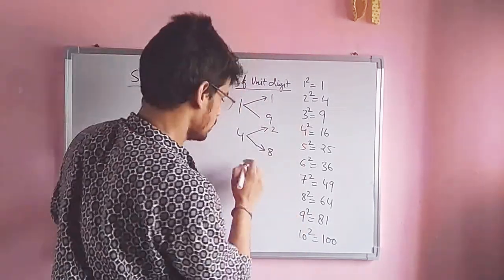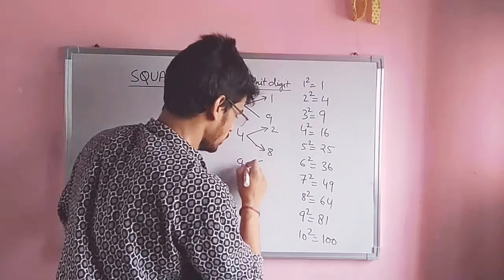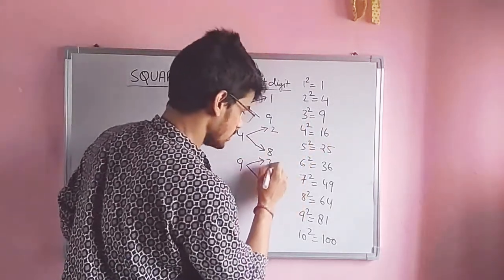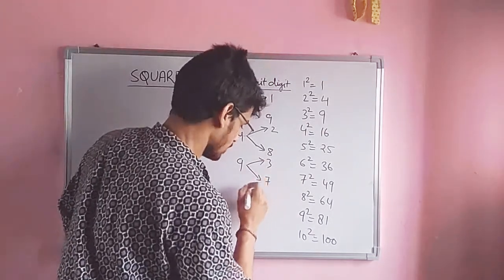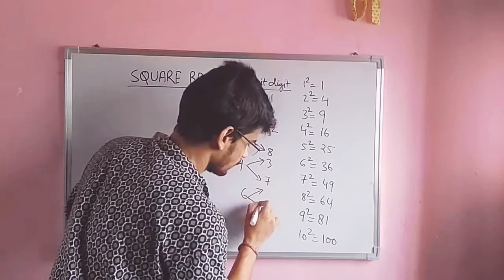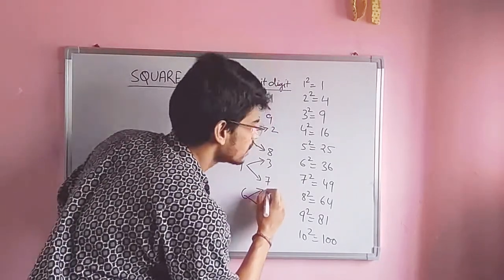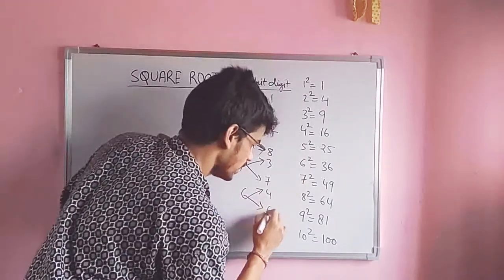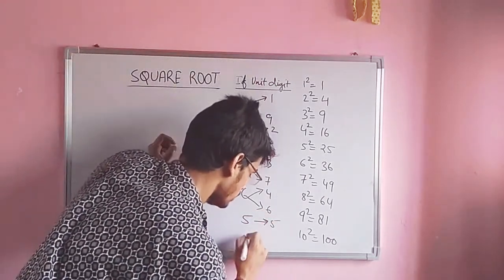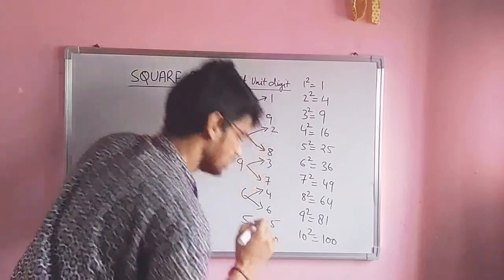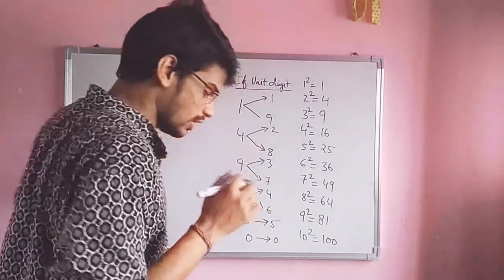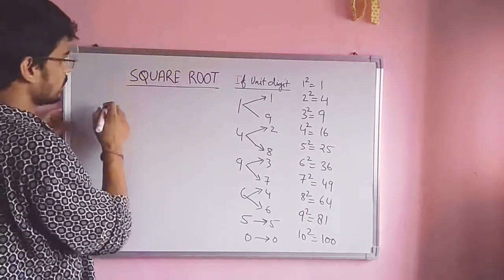If ending on 9, then it comes 3 and 7. If it comes on 6, then the square root ends on 4 and 6, 5 ends on 5, and 0 ends on 0. Let's take an example by which we understand how to calculate the square root of any number.